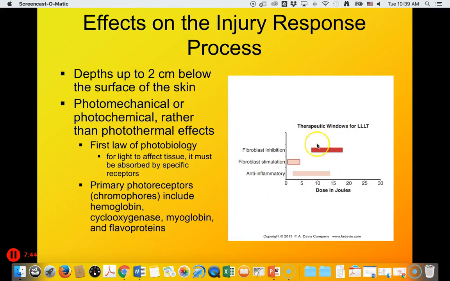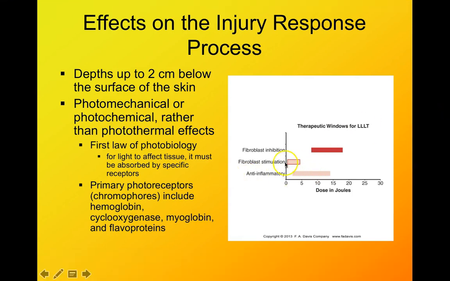So this therapeutic window, this chart from your book, shows that with the effect on the injury response cycle, we actually need to balance our dosage based on the needs that we potentially have. So we could inhibit fibroblasts if we have too much power, or we can stimulate fibroblasts if we're more on the low end of our power.